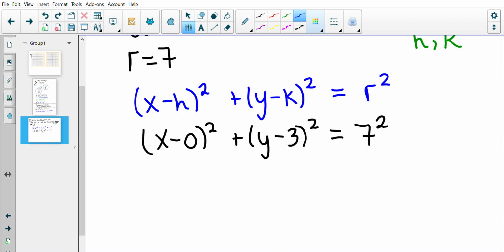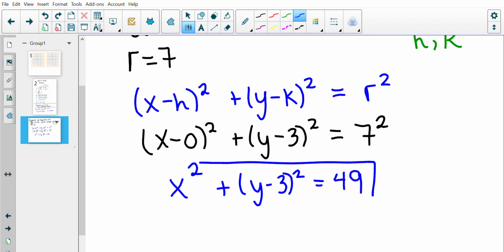In that first parenthesis, we have x minus 0 squared. We don't really need to show that minus 0. It's saying take nothing away. So we're going to simplify that down to x squared plus y minus 3 squared equals 7 squared, which is 49. And this is the equation of our circle in standard form.